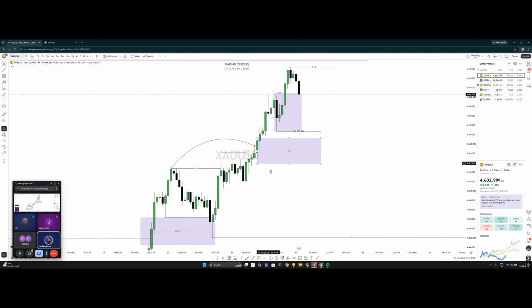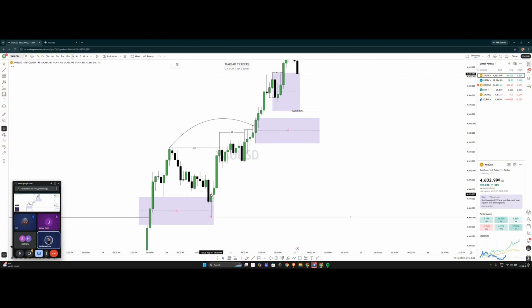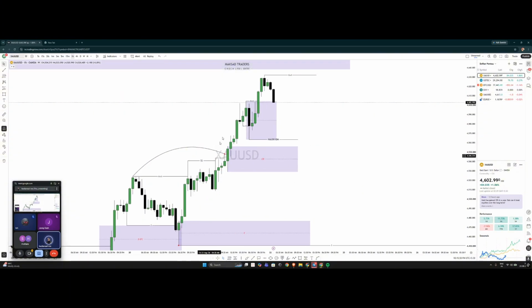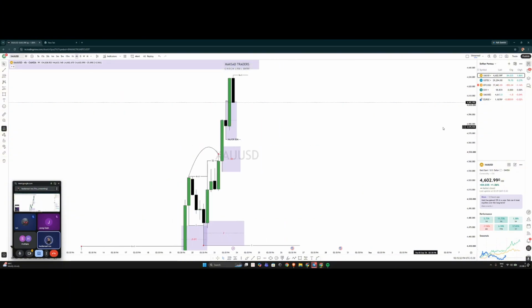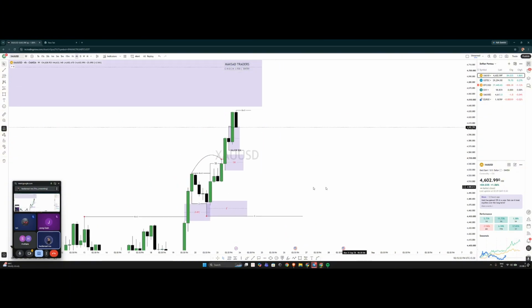And then if this area fails, we have the EPOI that is here, which is going to act as a support again. But this is 1 hour, so if you check on 4 hours, you'll notice it is a sweep, everything is inside bar, so it is a sweep candle.